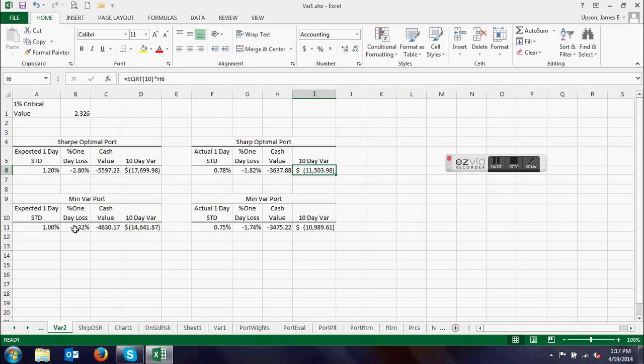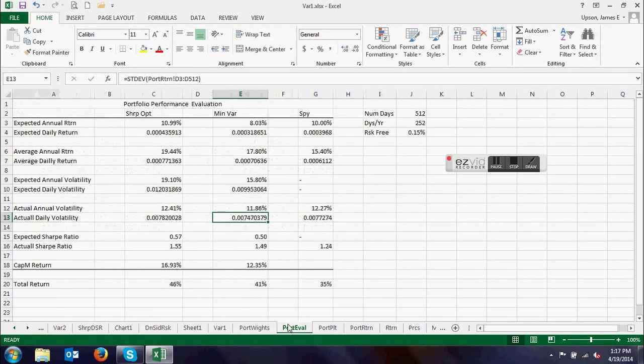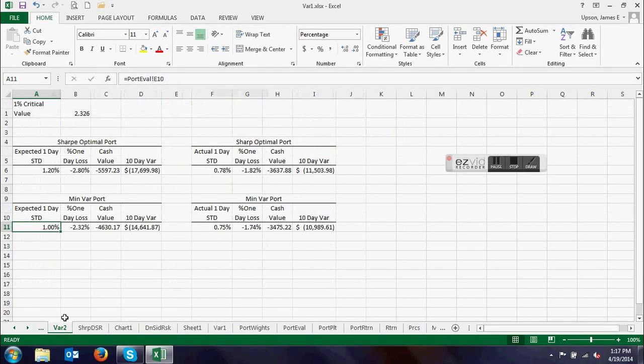And then we do it again for the minimum volatility portfolio, the minimum variance portfolio. Our expected one-day standard deviation comes from port val 10. We just rounded up. It's basically 1%. Multiply it by our 2.3, multiply it by the cash value, multiply it by the square root of 10 to get the 10-day VaR, and our actual values over here. And that represents the modeling approach.